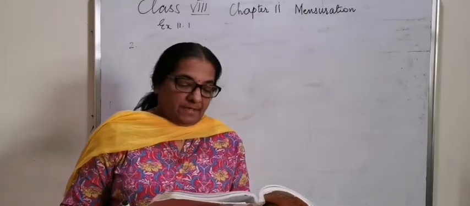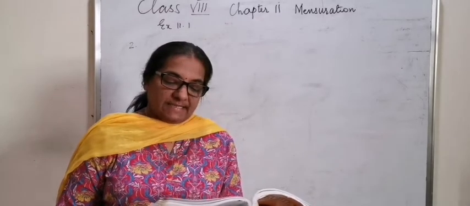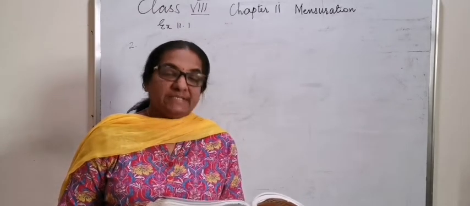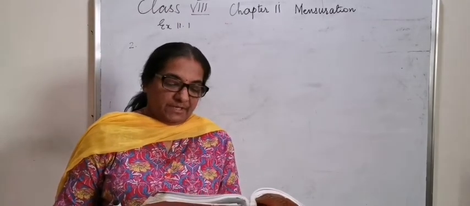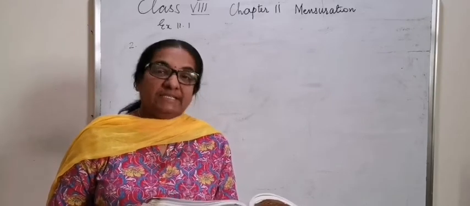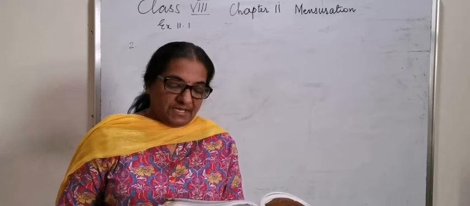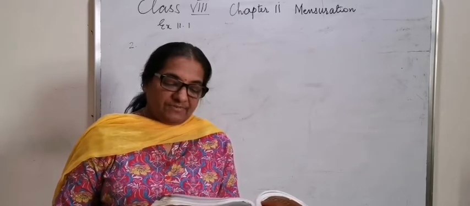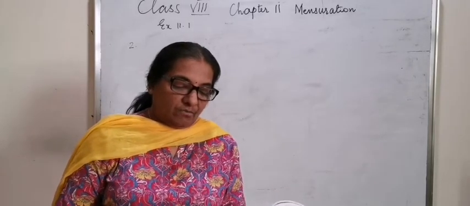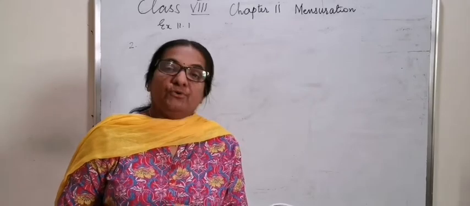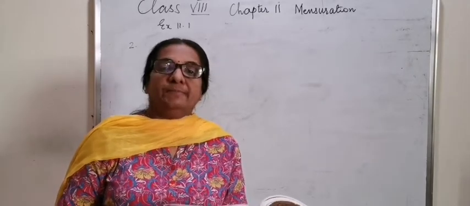Question 2. Mrs. Kaushik has a square plot with the measurements as shown in the figure. She wants to construct a house in the middle of the plot. A garden is developed around the house. Find the total cost of developing a garden around the house at the rate of rupees 55 per meter square.